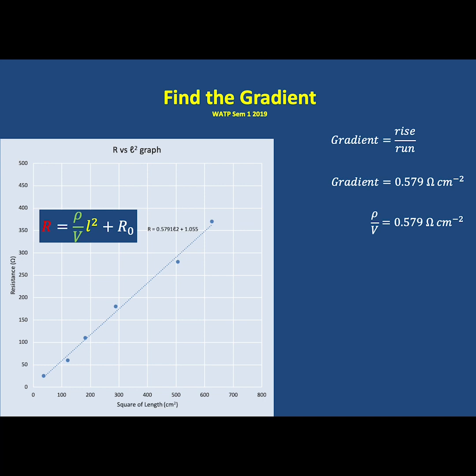I plug in my volume, which from the question is 15 cubic centimeters. I multiply everything out, isolate for resistivity, that's rho, and I end up with rho is equal to 8.68 ohms per centimeter. I give the final answer as 8.7 ohms per centimeter because I don't want to give an answer that is more than 2 significant figures, because that would be claiming a precision that I have no right to claim in a graphical analysis.